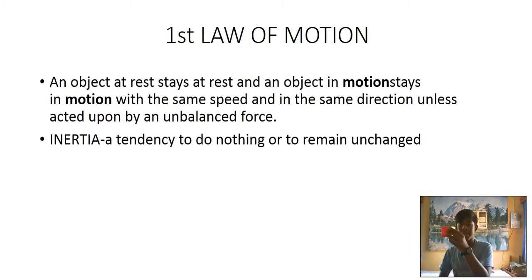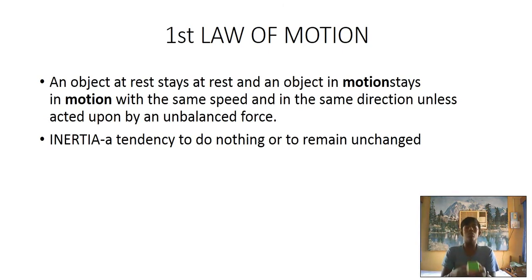This body will continue its motion until an external force is applied, and if this body is at rest, it will continue its state of rest until an external force is applied. Suppose this is at rest and an external force is applied from above, it will go down, and if it is in motion and an external force is applied, it has dropped.